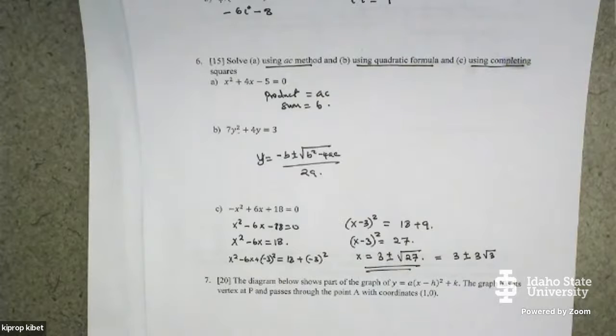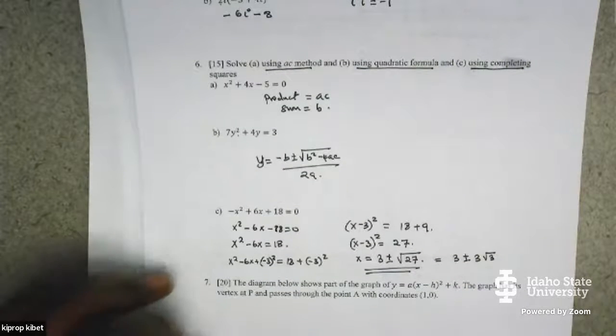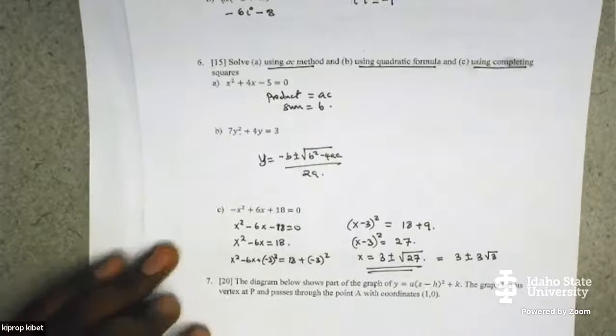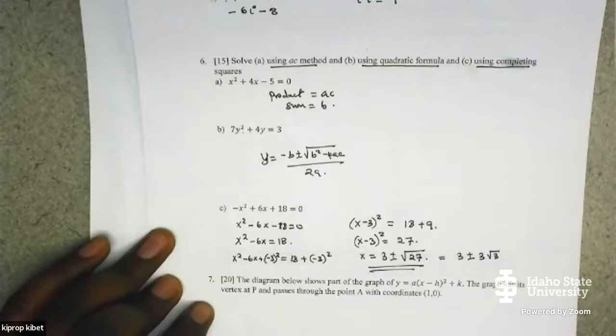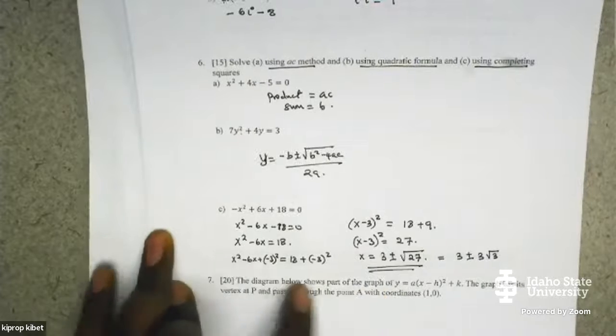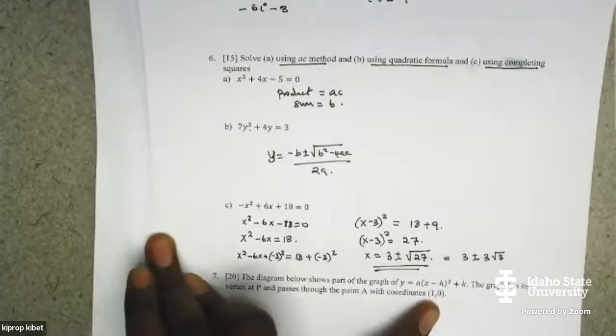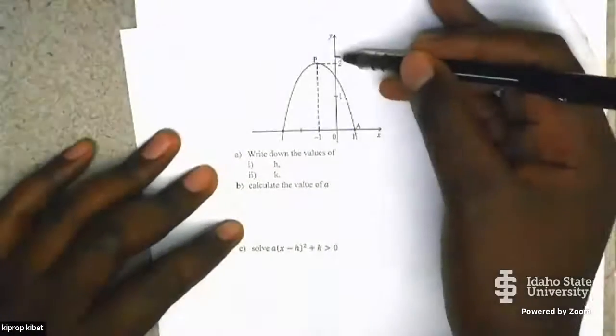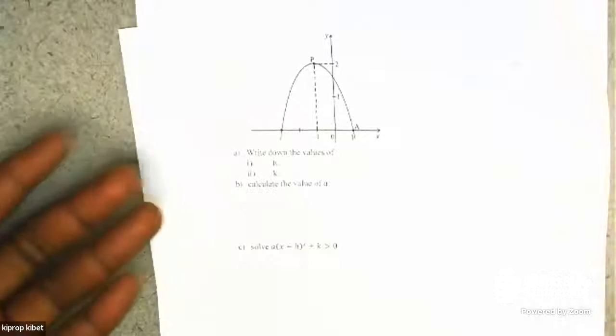So, okay, another tricky question was this, but it was so easy. It was really so easy. So you have the graph already, which I drew for you. So what is our h?